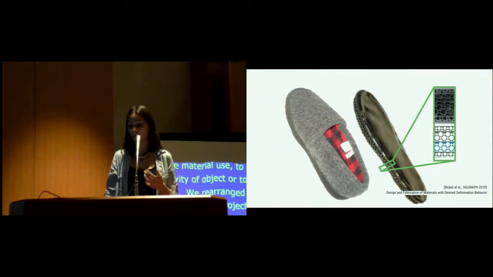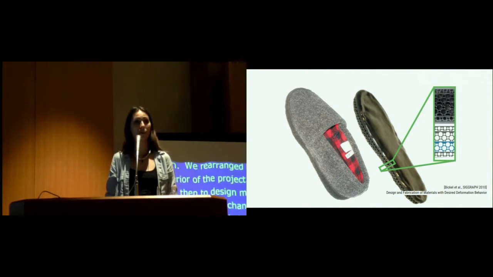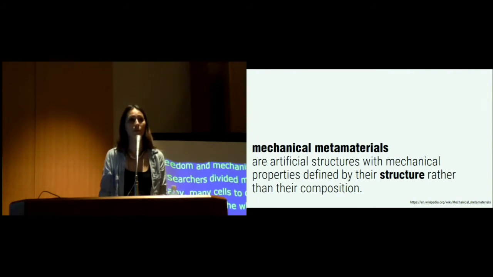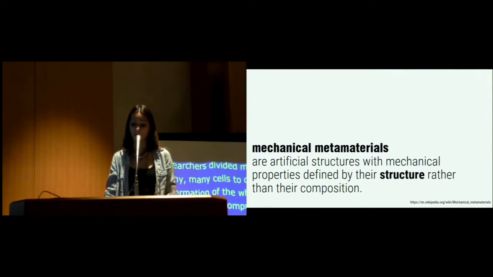Researchers in computer graphics applied this concept to copy traditional materials like felt and print it from plastic, and even with localized elasticity. So this has been referred to as metamaterials, and specifically in this case mechanical metamaterials, which are artificial structures with mechanical properties defined by their structure rather than their composition.